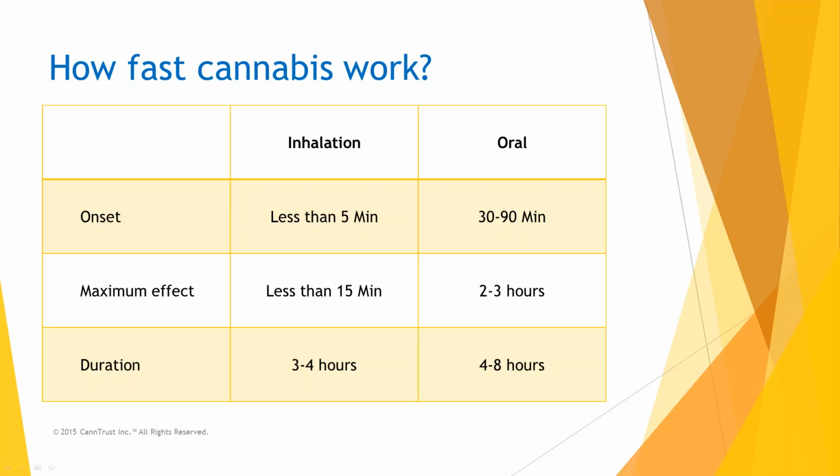Absorption differs by individual and is based on various factors, including the heating of the cannabis, the number of inhalations, the waiting time between inhalations, the inhalation period, and lung capacity. When cannabis is taken orally, absorption of cannabinoids in the blood is slow and more unpredictable. This results in effects being delayed 30 to 90 minutes, with the maximum effect being experienced 2 or 3 hours later. The effects last 4 to 8 hours.